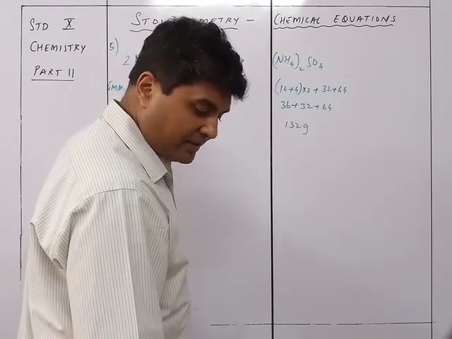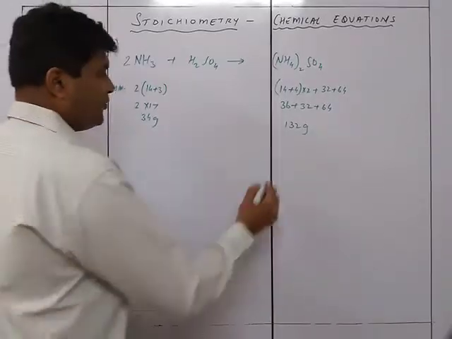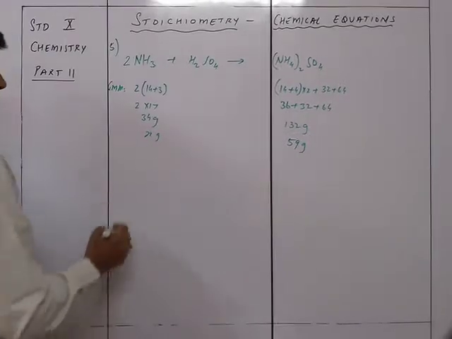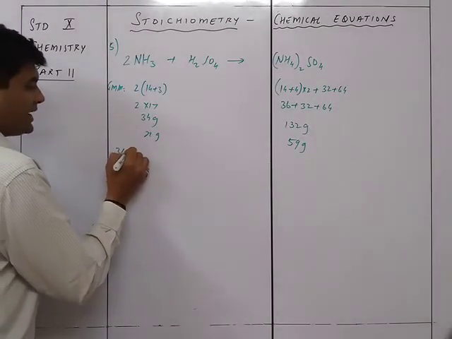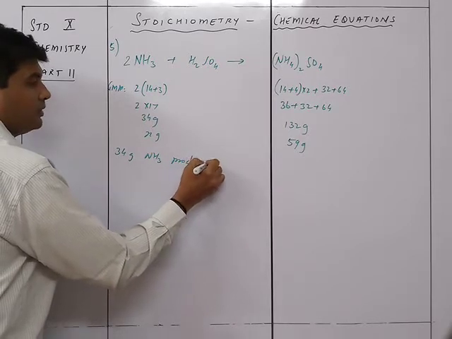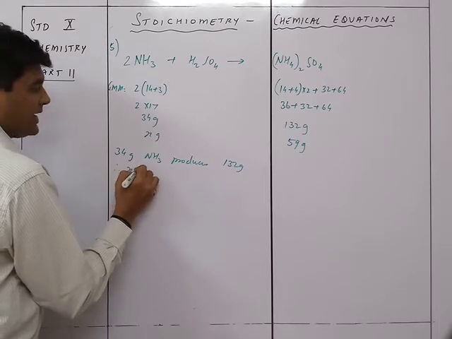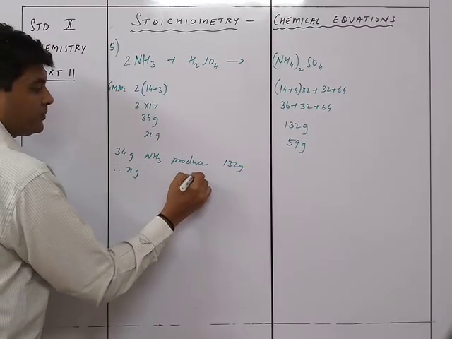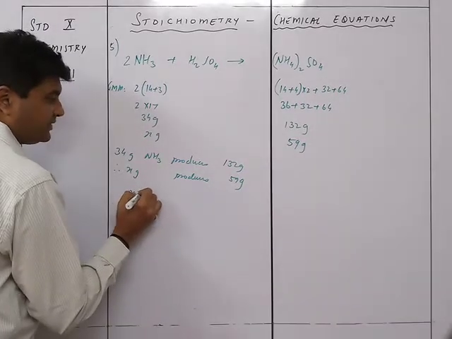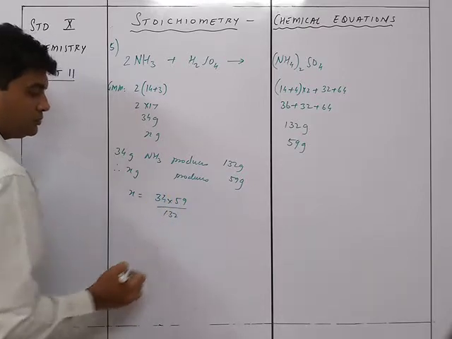Now let's see what is given to us. We are asked to calculate the volume of ammonia formed by 59 grams. So we take 59 grams of ammonium sulfate, which will produce X grams of ammonia. So we say 34 grams of ammonia is produced by 132 grams. Therefore X grams is produced by 59 grams. So X equals 34 into 59 upon 132.